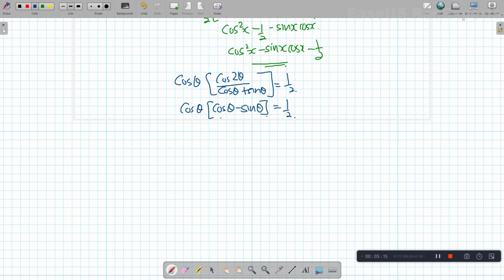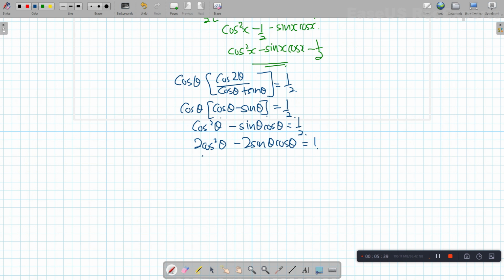So expand that, and you get cos²theta - sin theta cos theta, and this equals half. Times that by 2, so 2cos²theta - 2 sin theta cos theta equals 1.